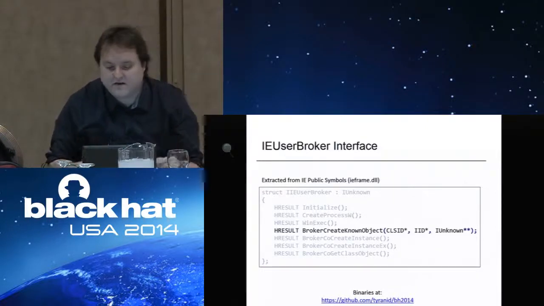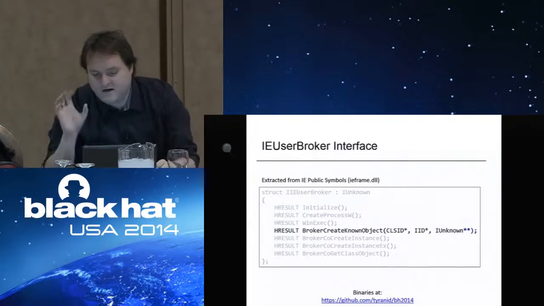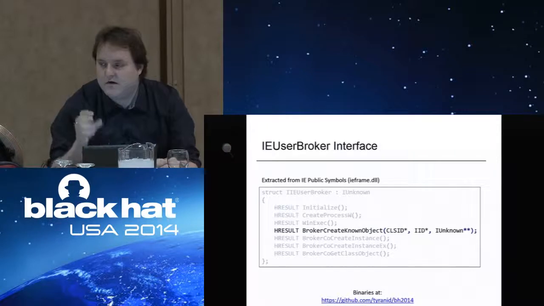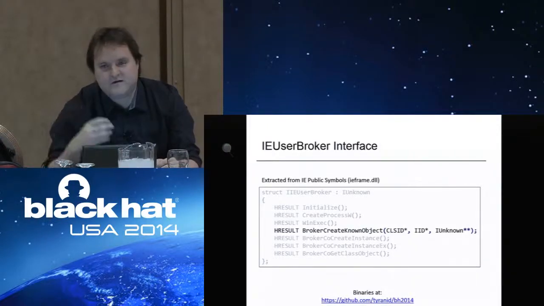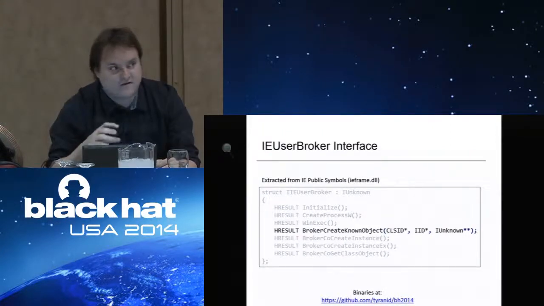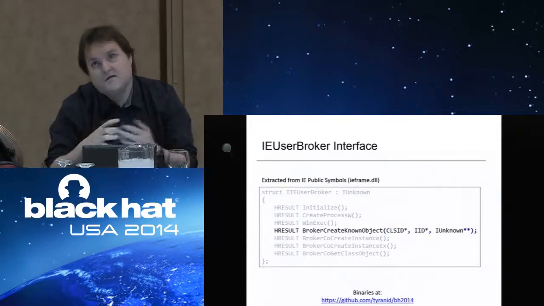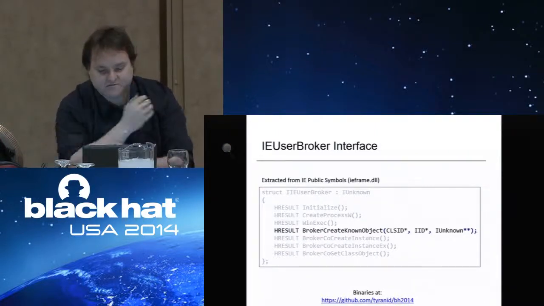And most of the broker interface itself, which we tried to extract in the first half, is just related to those compatibility shims, those functions which are there to implement create process, co-create instance, all those sort of things, to stop old extensions completely breaking the minute they try to do anything.